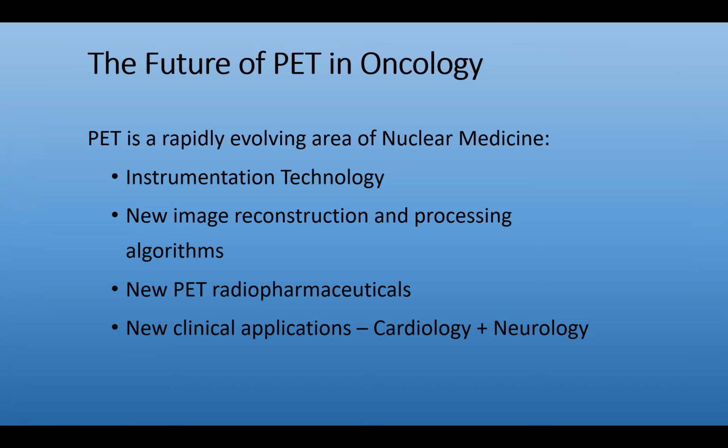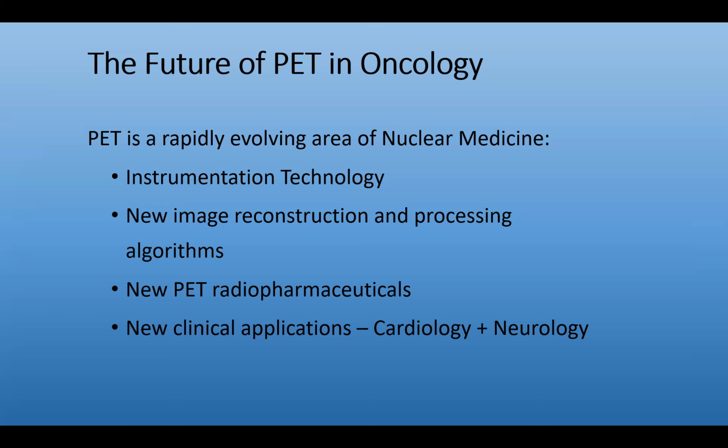And although we spend most of our time doing oncology applications here in BC, it's hoped that as the numbers of PET scanners increases and resources maybe are freed up, perhaps we'll see more applications in the fields of cardiology and neurology.